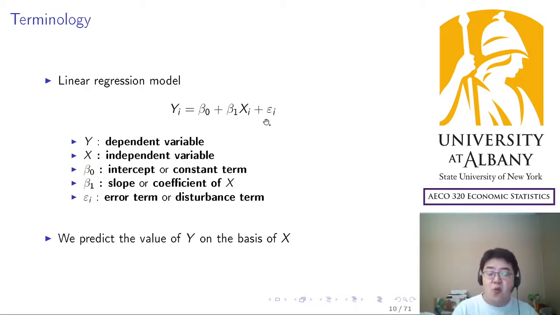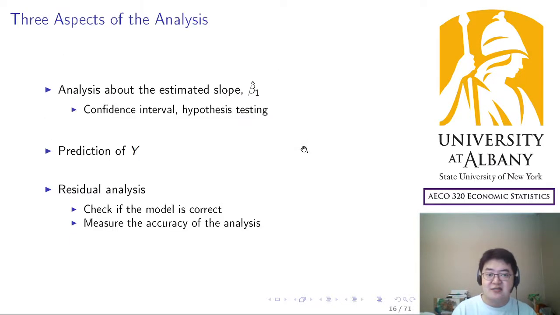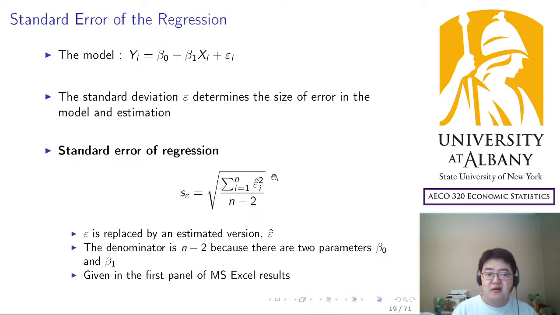Put it this way: the larger the epsilon standard deviation is, the noisier your data are, so the less accurate beta 1's estimator is, so the greater the standard error of beta 1 hat. That's the thing.